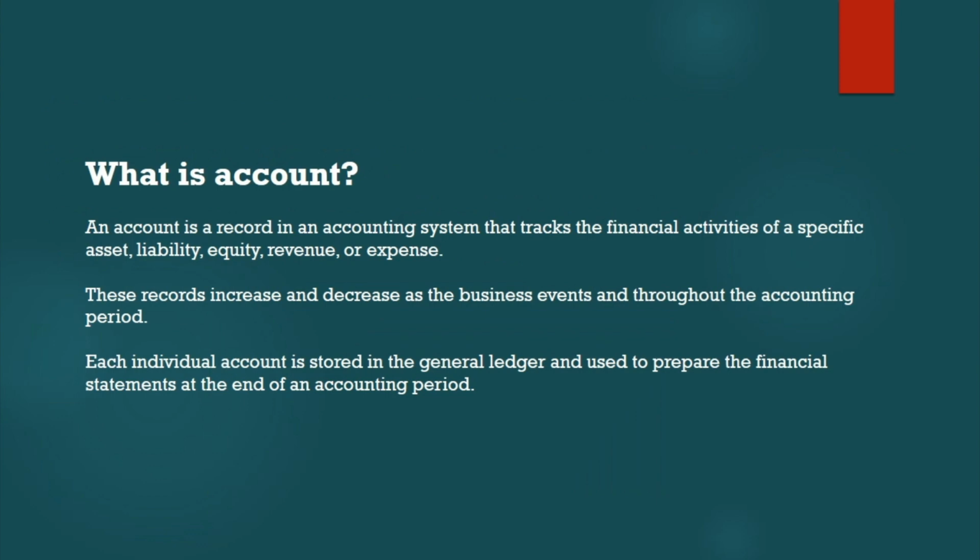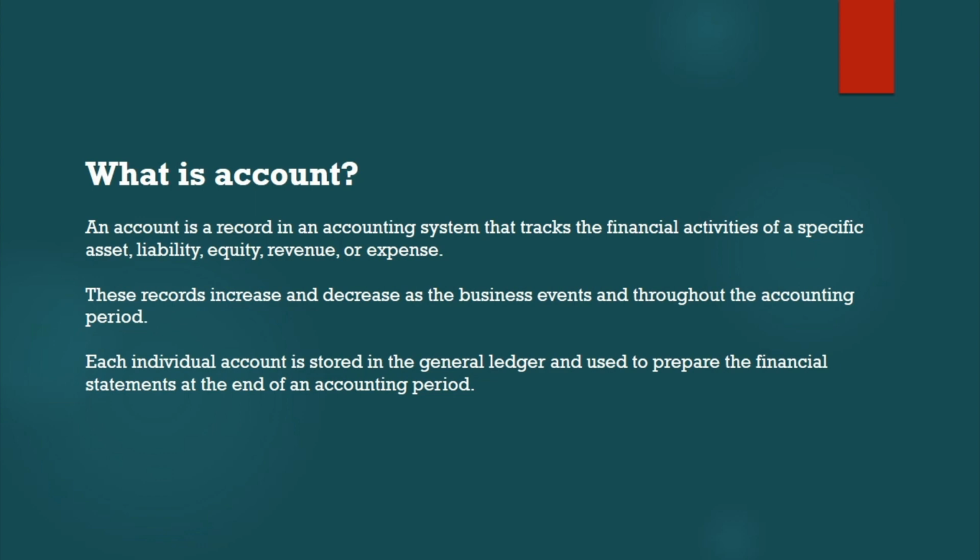An account is a record in an accounting system that tracks the financial activities of a specific asset, liability, equity, revenue or expense. These accounts track the financial activities. What are the activities happening?